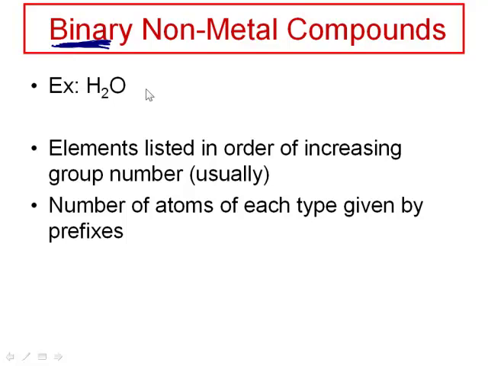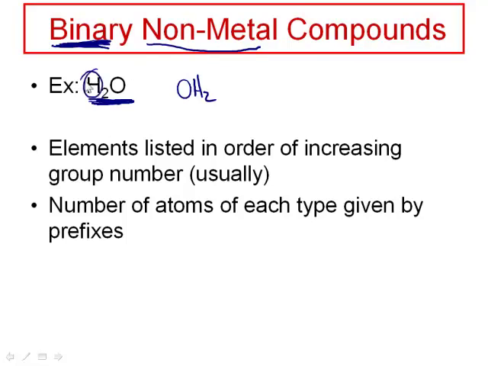For example, H2O. Now, first of all, let's look at how this formula is written. This is written H2O and not OH2. There's a reason for that. By convention, guys, when we write formulas of non-metal compounds, both hydrogen and oxygen are non-metals, even though hydrogen here is in group 1A.